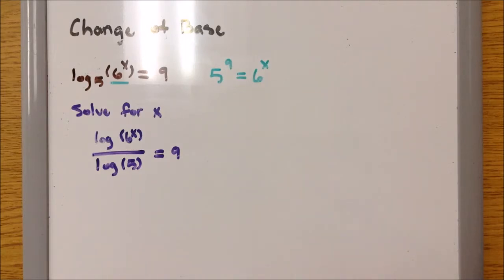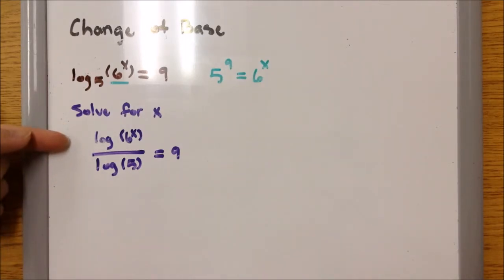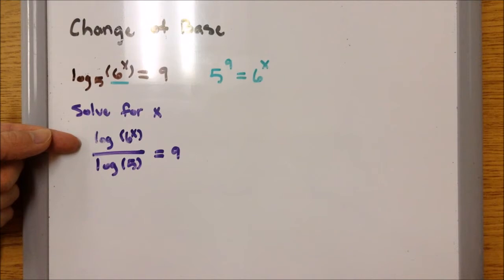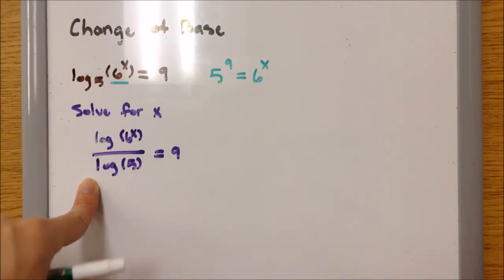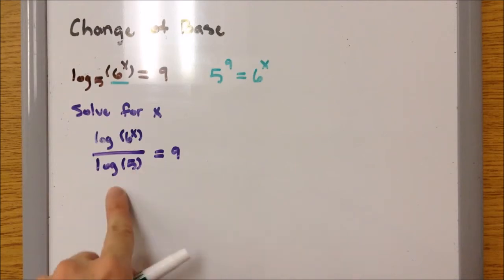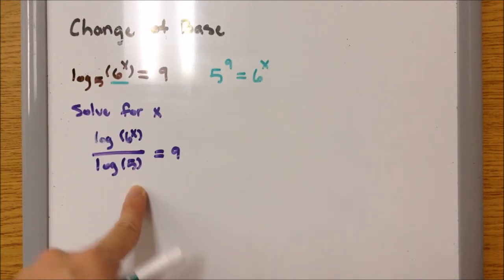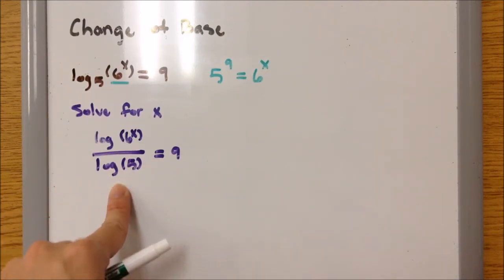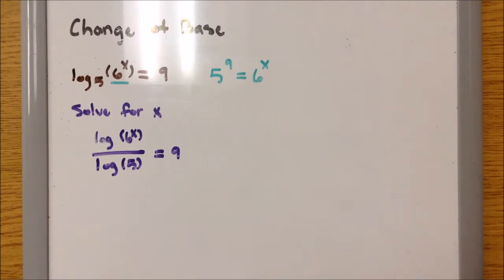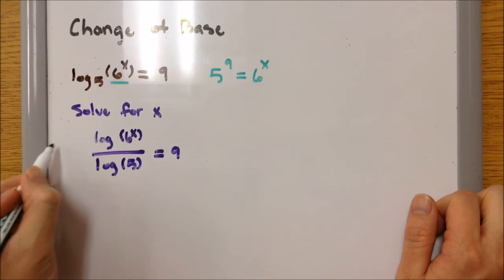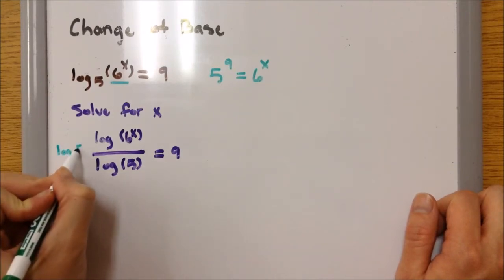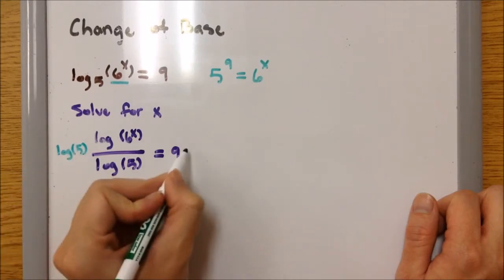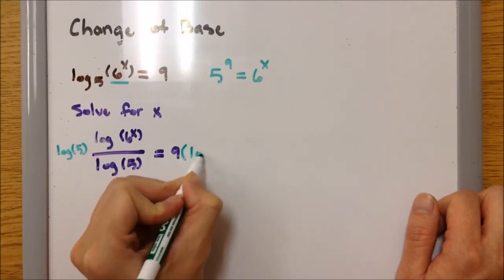Now here I have 2 logs on the left side. That's a fraction, so this is division. What I'm going to do is the opposite, multiply both sides by the denominator, so that it's not a fraction anymore. So just like with regular numbers, I'm going to multiply both sides by log 5.